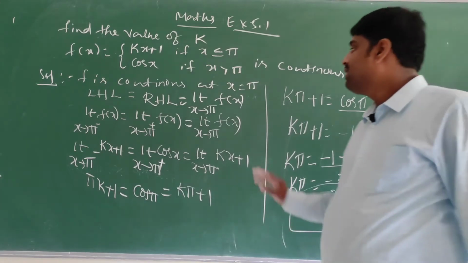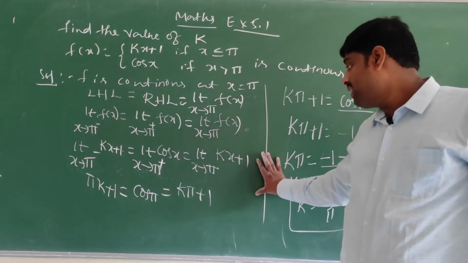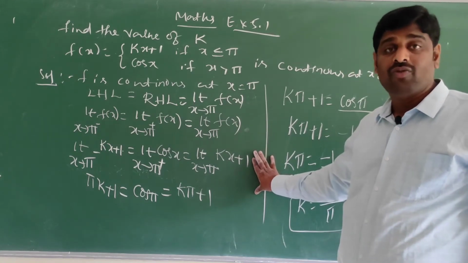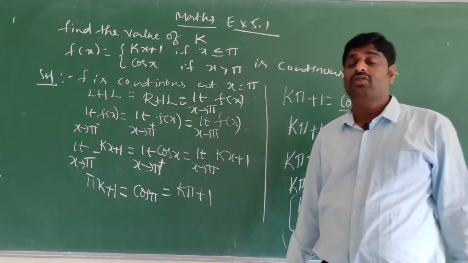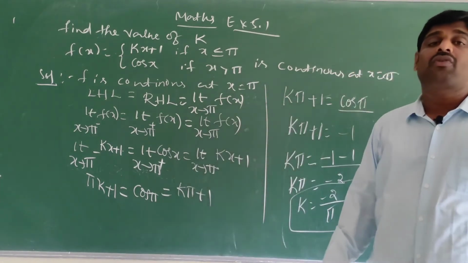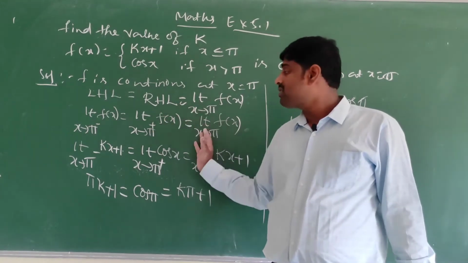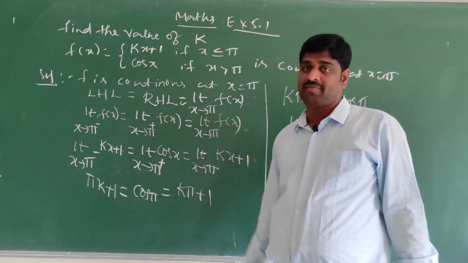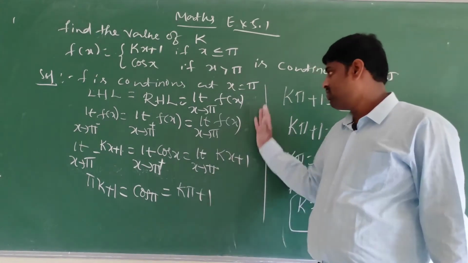See children, writing these two steps, you will get 1 mark. Writing these two steps, you will get 1 mark. So these 4 steps are compulsory for all problems. Just write LHL, RHL, f of x, and substitute the function. Okay, and substitute the limit. Okay, this is the procedure.